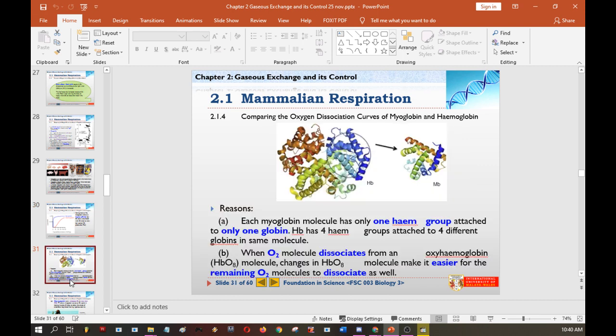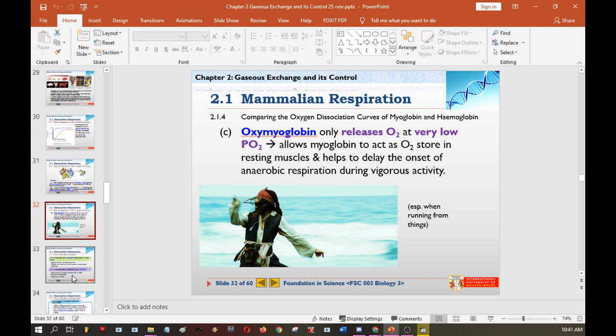As you can see here, on the left you have the hemoglobin molecule. It's a big molecule with four heme groups. Myoglobin is the one on the right with just one heme group. The functions are the same: they carry oxygen.